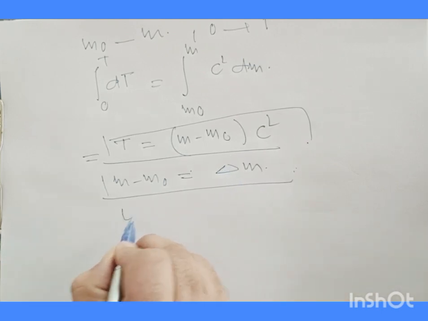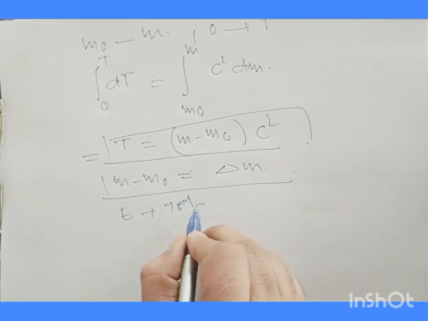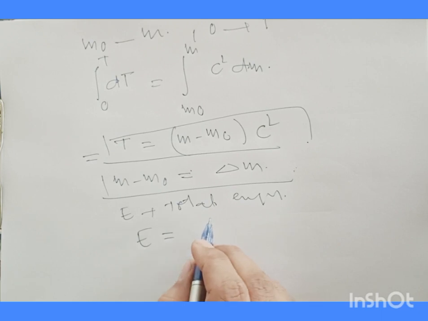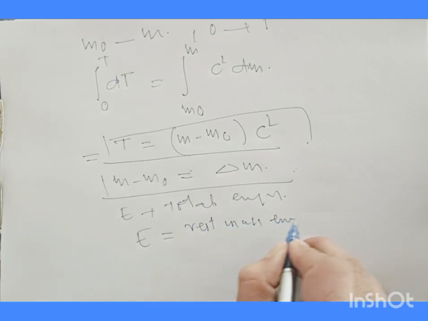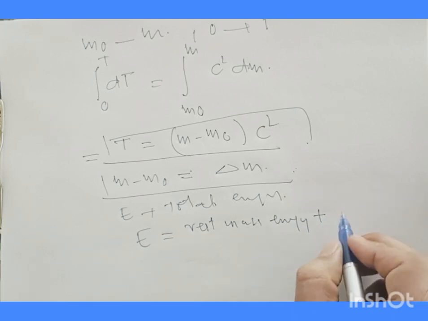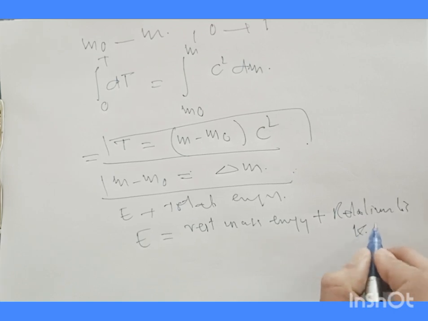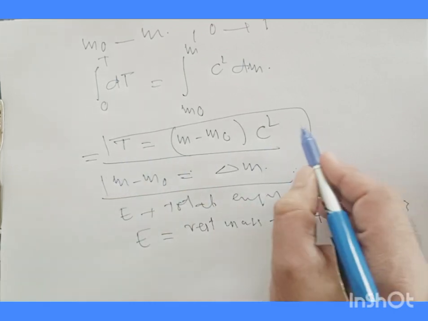So if E is the total energy, this E is going to be the sum of rest mass energy and relativistic kinetic energy. And relativistic kinetic energy we have obtained here.